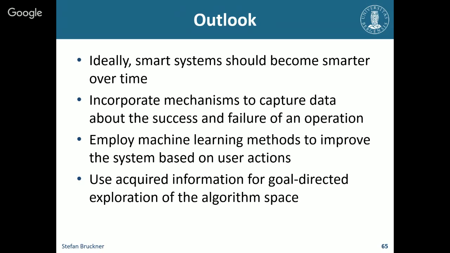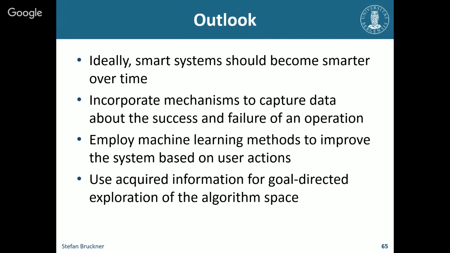And one way to do this is to simply incorporate mechanisms to capture data, whether something was successful or not. Did the user switch the view again after the view was suggested or not? And then we can employ recent significant advances in machine learning, such as deep learning, to attempt to improve our system based on this user interaction.